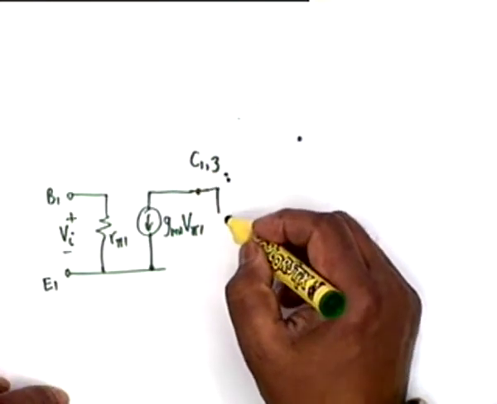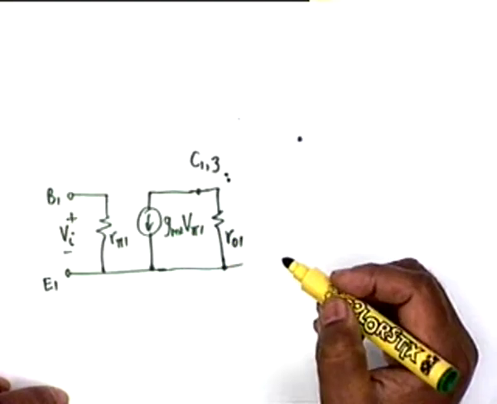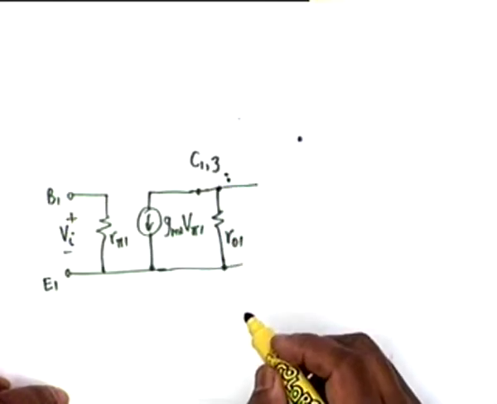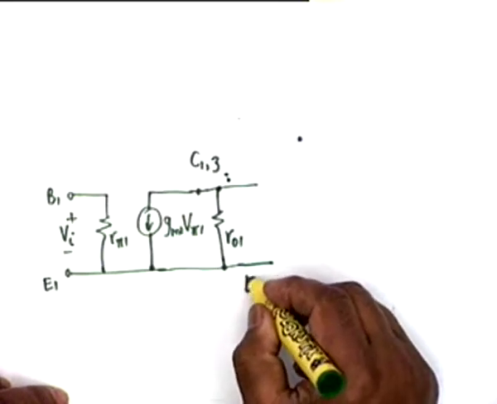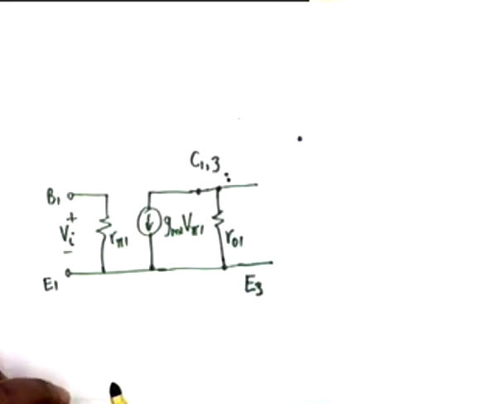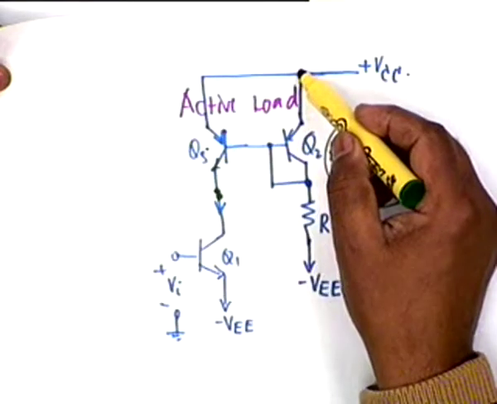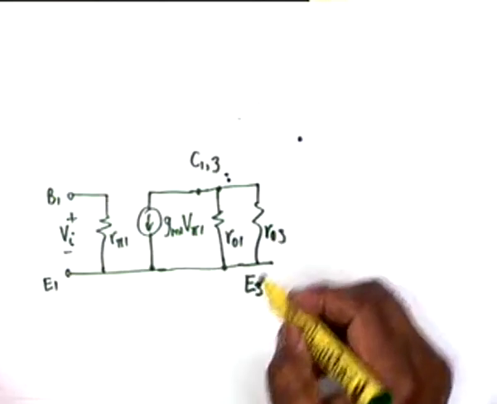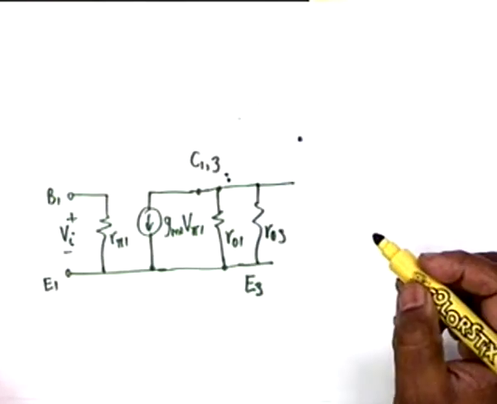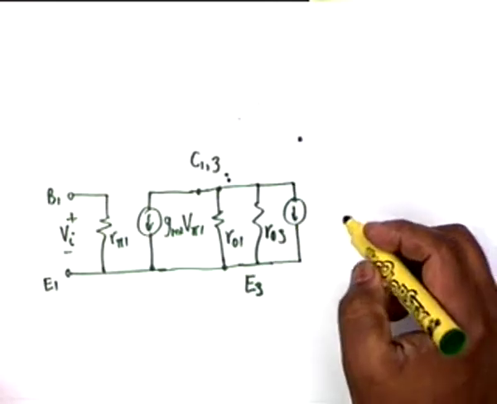From C1 to E1 we shall have the resistance R01, and from C3 to E3, which is the same as ground, you must do this very carefully. From C3 to E3, E3 is also grounded, and therefore it's the same point, we have R03. In addition, from C3 to E3, we should have the current generator, what?